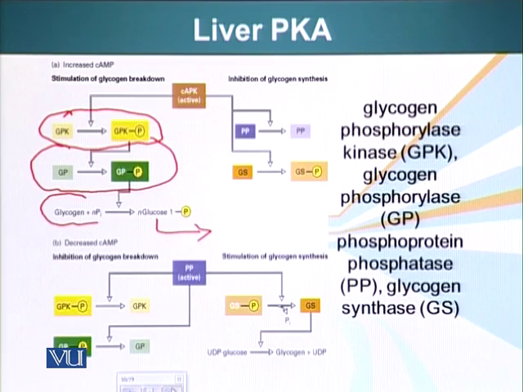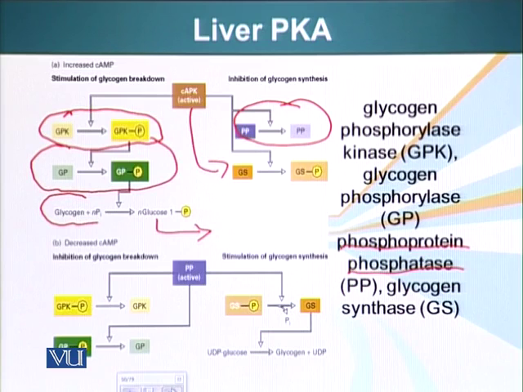Cyclic AMP simultaneously inhibits glycogen synthesis by, first of all, inactivating or suppressing phosphoprotein phosphatase, which is an enzyme which removes phosphate groups from other proteins. It is the reverse of kinase. And PKA also phosphorylates glycogen synthase.